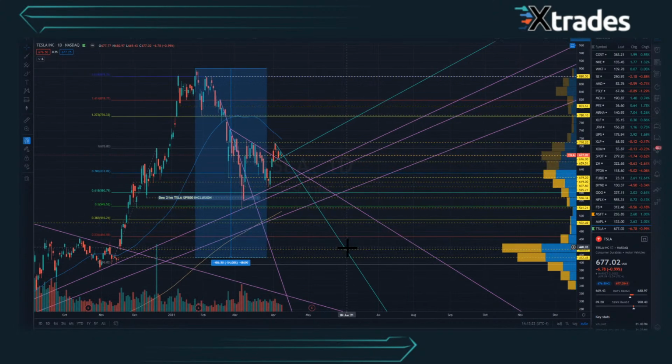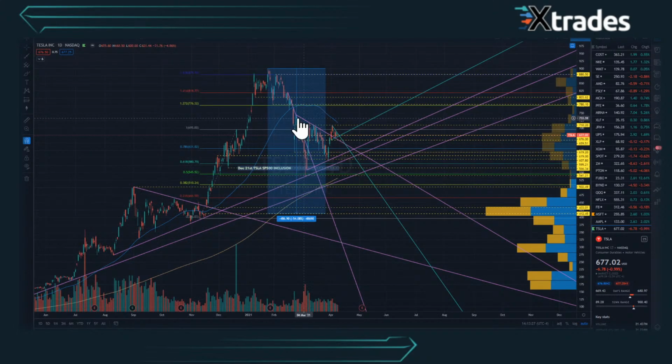So I'm not sure if the same thing will happen this time. But, you know, we have another symmetrical triangle here off the top right here. Frankly, I think it might form an even bigger symmetrical triangle. So it might go somewhere up over here to like 780, 800 or so, and then retrace back down a little bit and play out a larger symmetrical triangle before breaking up is what I think could happen.